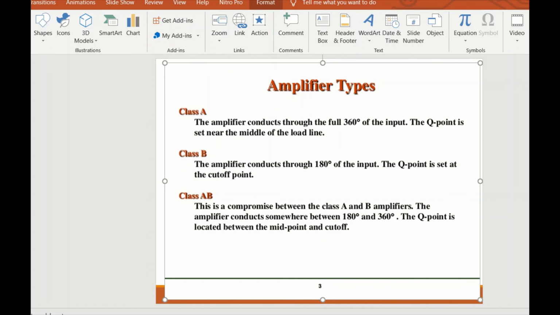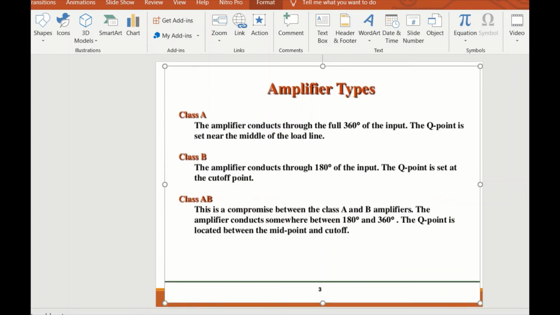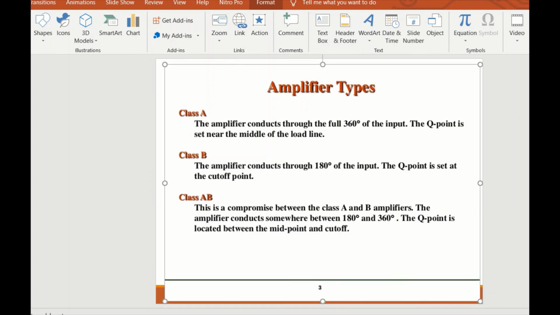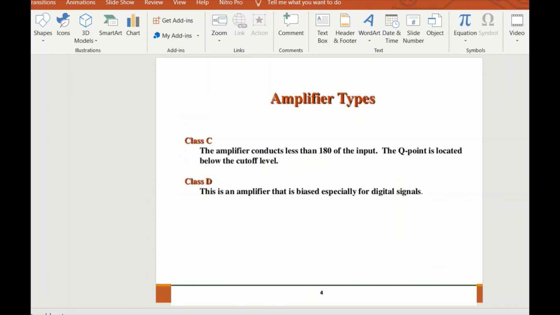Class A is at the midpoint, and B is at cutoff, so class AB lies somewhere between the midpoint and cutoff point. The next type of amplifier is the class C amplifier. This amplifier conducts for less than 180 degrees of the input cycle and the Q point is located below the cutoff level. Another type is class D, which is basically used for digital signals, that we will not discuss in this chapter.